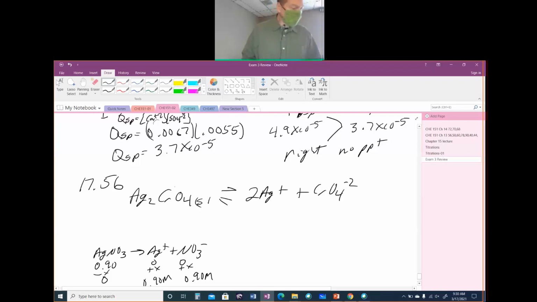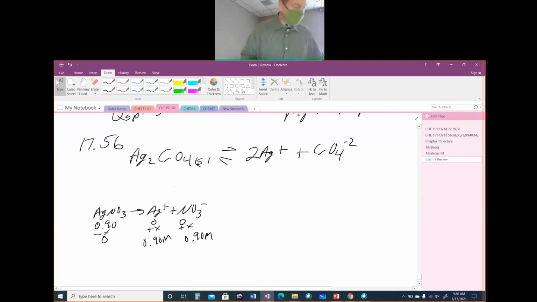All right, so we're going to slowly add our Ag plus. So we are slowly adding a 0.9 molar Ag plus. Initially we have 0 of it. We add a quarter of a drop, microliter, whatever.